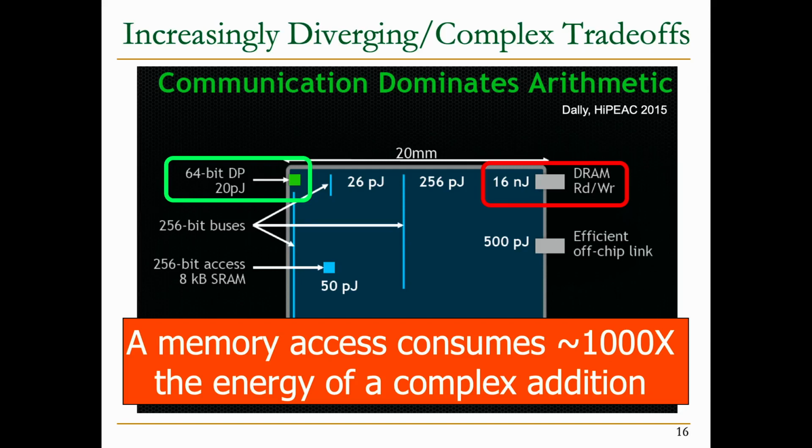Then by doing 2 reads and 1 write, you are consuming 3000x more energy than the addition operation itself. So this motivates us to come up with a new solution, for example, to do the addition inside the memory, where you don't need to move the data, or you need to move it only a little bit.